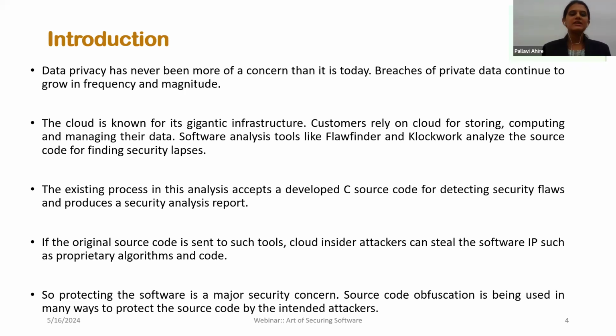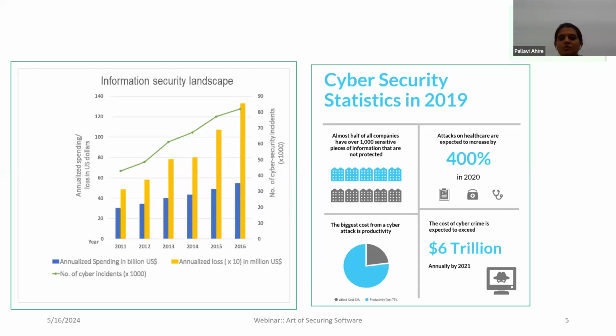So protecting that software is one of the very important security concerns nowadays. And the mechanism used for that is source code obfuscation, which is the objective of my talk today.